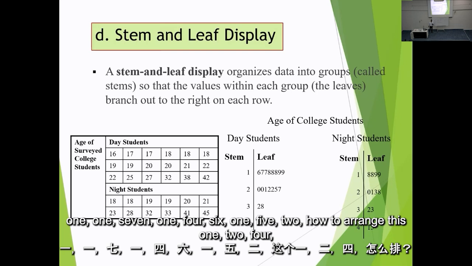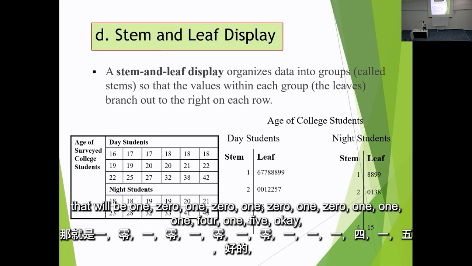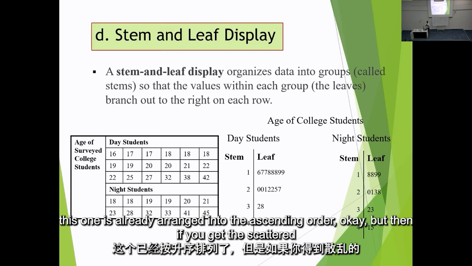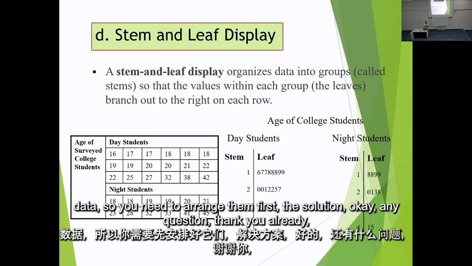How to arrange this one? The stem will be 10 with leaves 1, 2, 5, 8, then 11 with 7, 14 with 6, and 15 with 2. This one is already arranged in ascending order, but if you get scattered data, you need to arrange it first. Any question?